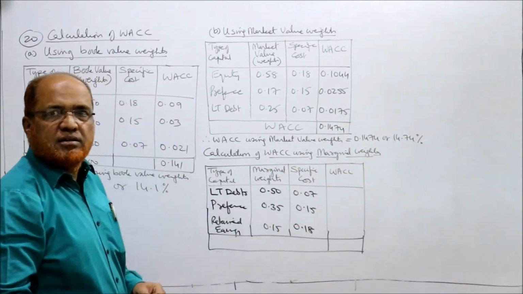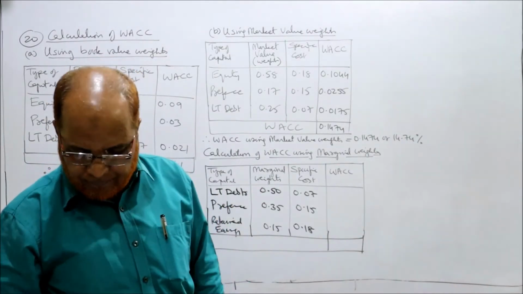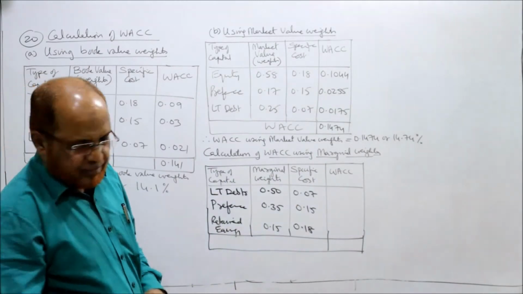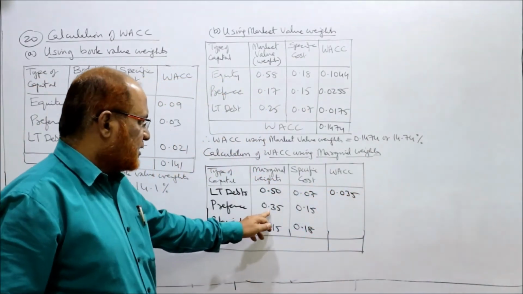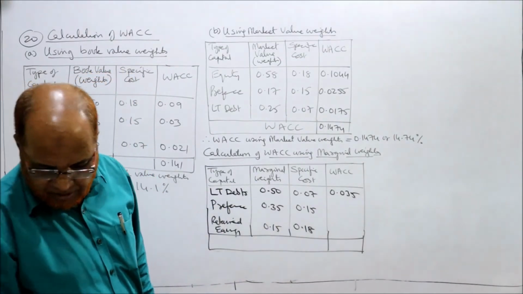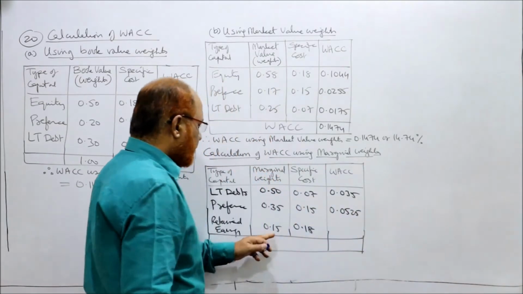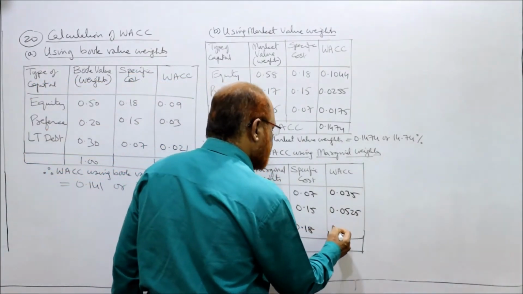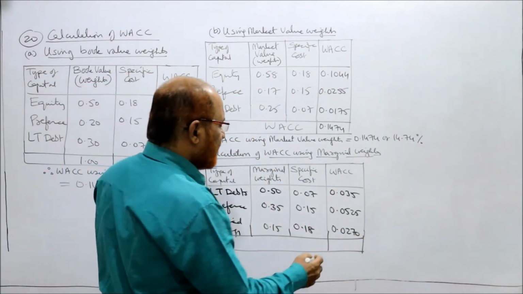We'll take 0.18. Then multiply 0.5 into 0.07, 0.035. Then 0.35 into 0.15, it is 0.0525. 0.15 into 0.18, it is 0.0270. The total is 0.1145.